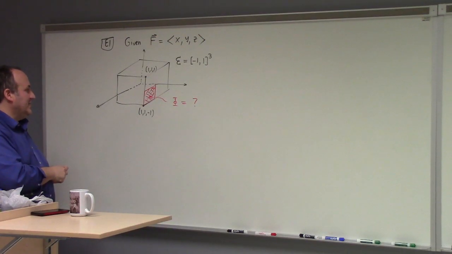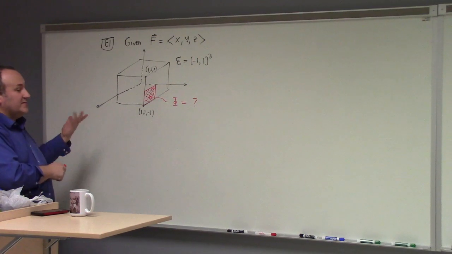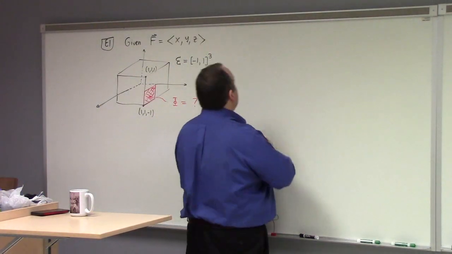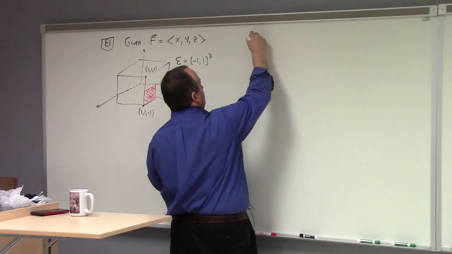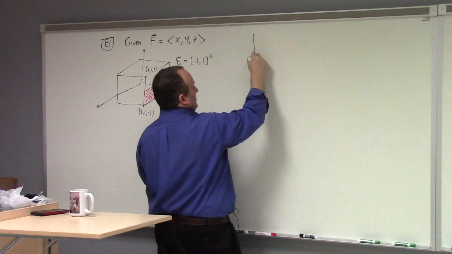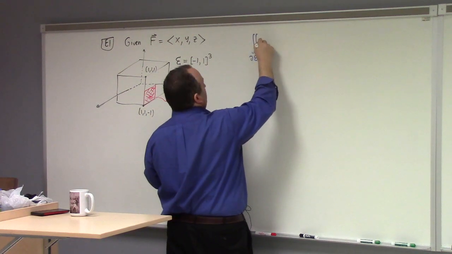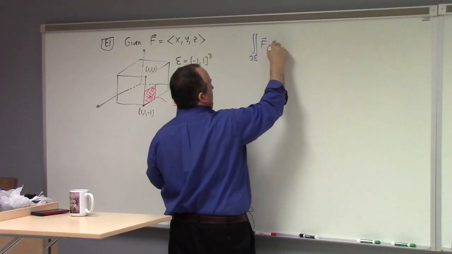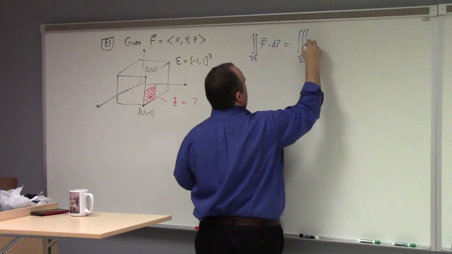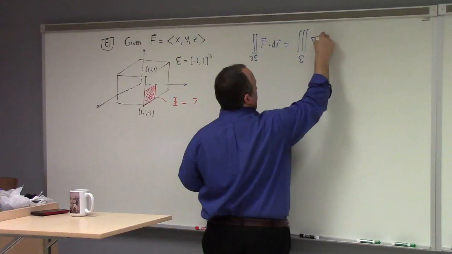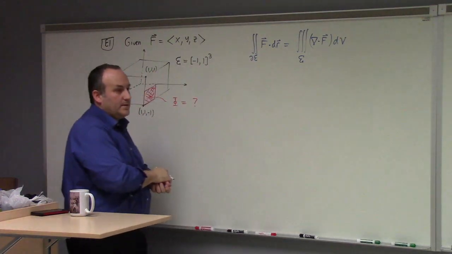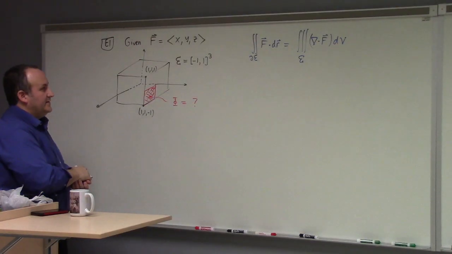I guess that might even be instructive, but there's an easier way, which is what? The divergence theorem, right? So the integral through the boundary of the whole cube of f dot dr is equal to the triple integral over the cube of the divergence of f, integrated over the volume, right? And so what is that? How does that help?